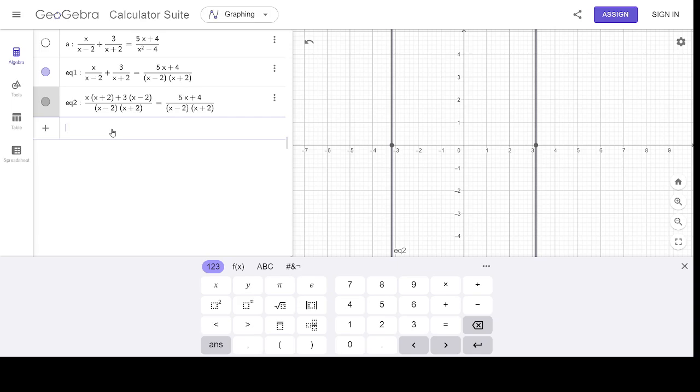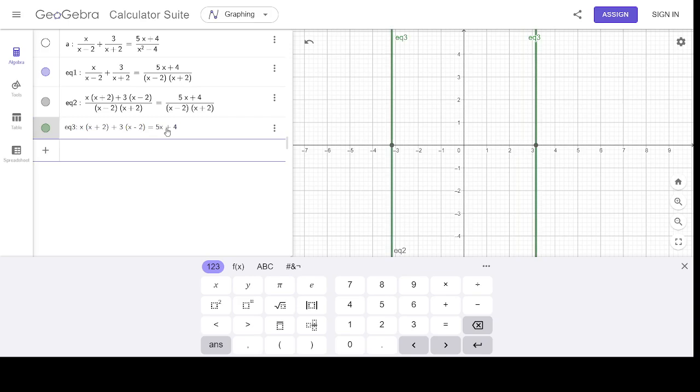So in this case we'll have x in bracket x plus 2, plus 3 in bracket x minus 2, is equal to 5x plus 4. Now that becomes our new equation.